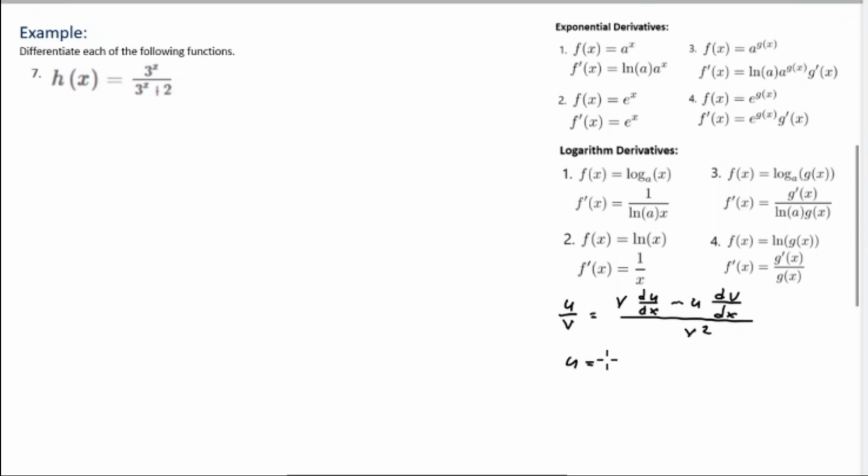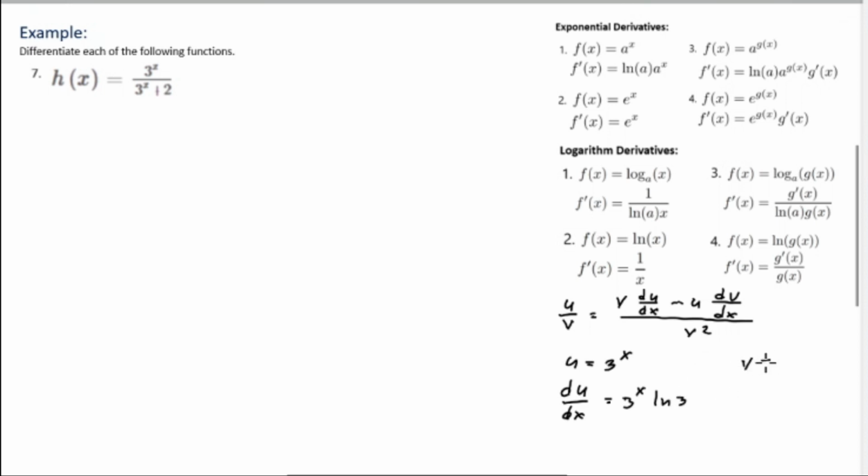The numerator is 3 to the x, and the derivative du over dx is ln of a times a to the x. A is 3 and our exponent is x, so this is 3 to the x times ln of 3.